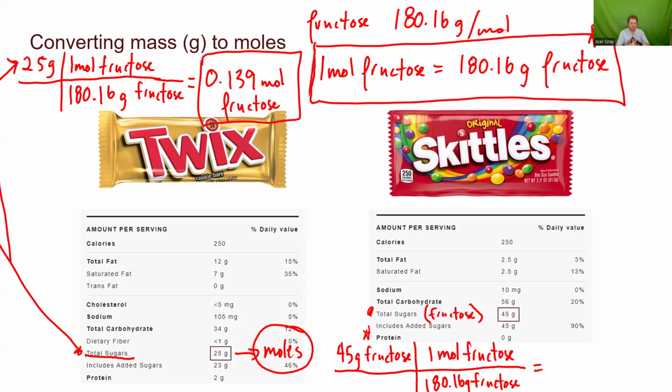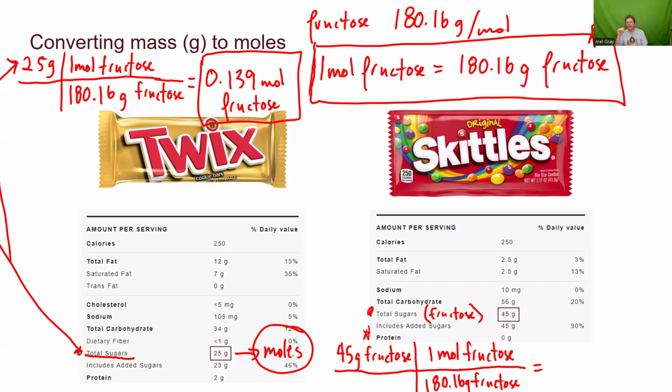So now, before I go ahead and plug this into my calculator, I'm going to think 45 grams of fructose. If I have 180, and change the units if you want, change the units to something that's a little bit easier for you to visualize. But just be cautious and remember, okay, I changed the units for my calculation.